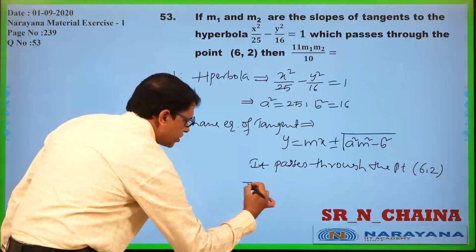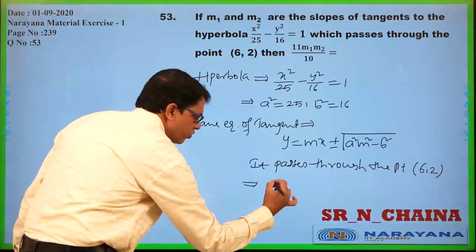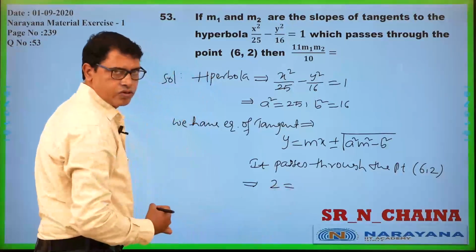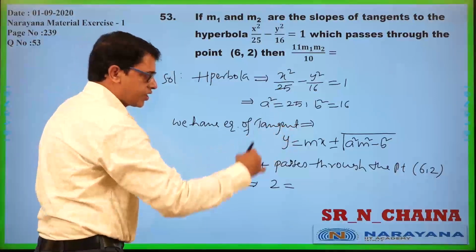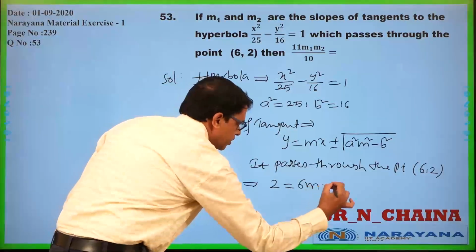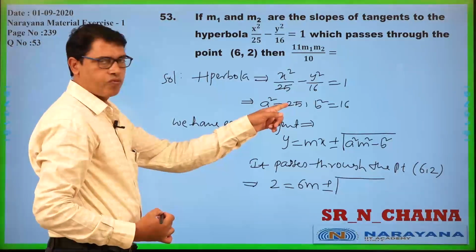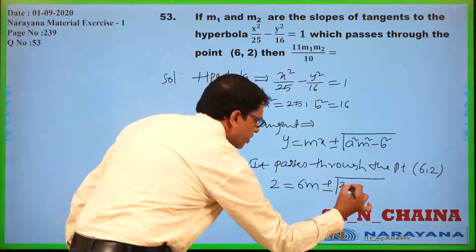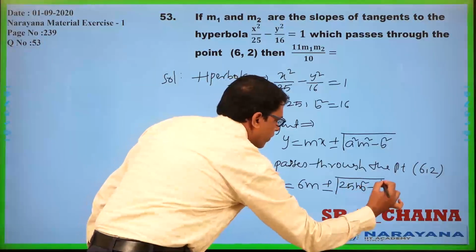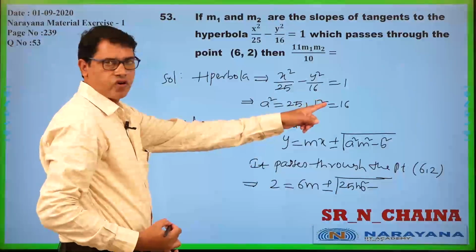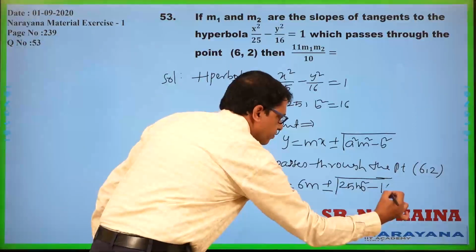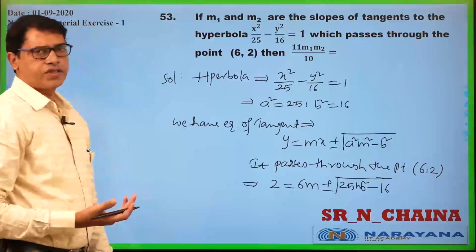That implies 2 equals 6m plus minus root under value of a square. A square is how much? 25. So 25m square, value of b square is how much? 16. Now you can simplify this one.